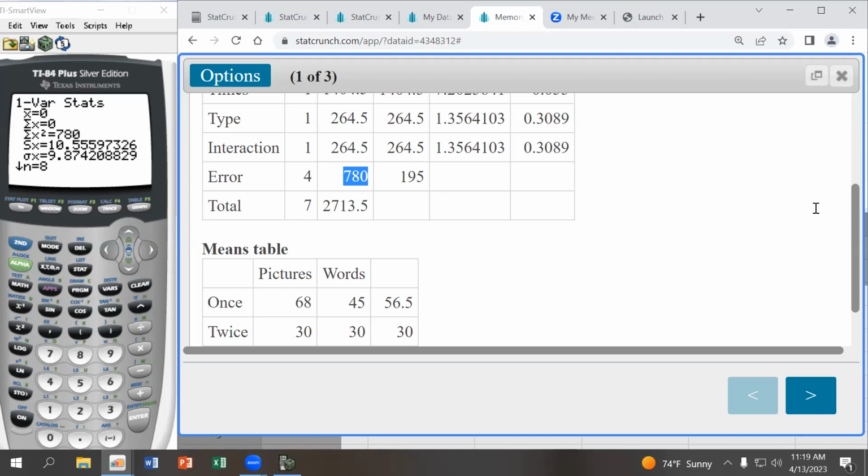The concept is if I add all the DFs, it must equal the total, correct? That's what we did with ANOVA. Between the DF plus within the DF sums to the total DF.